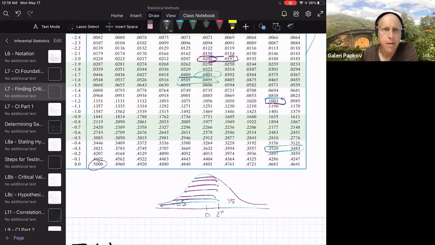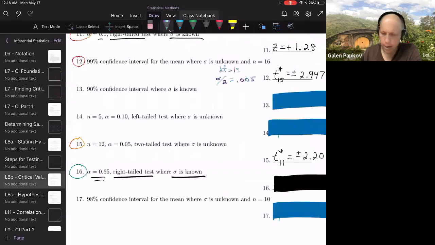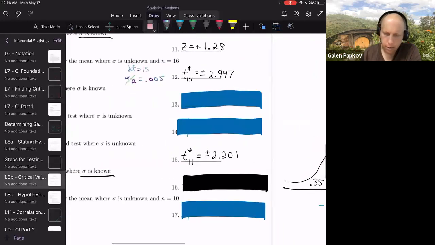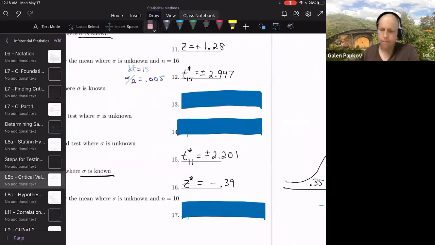And so maybe negative 0.385, possibly just negative 0.38 because it's a little closer to that one. But since this must be on the right side, I'm thinking around positive 0.385. So let's go ahead and see if that's what I had gotten. And it does look like it is.